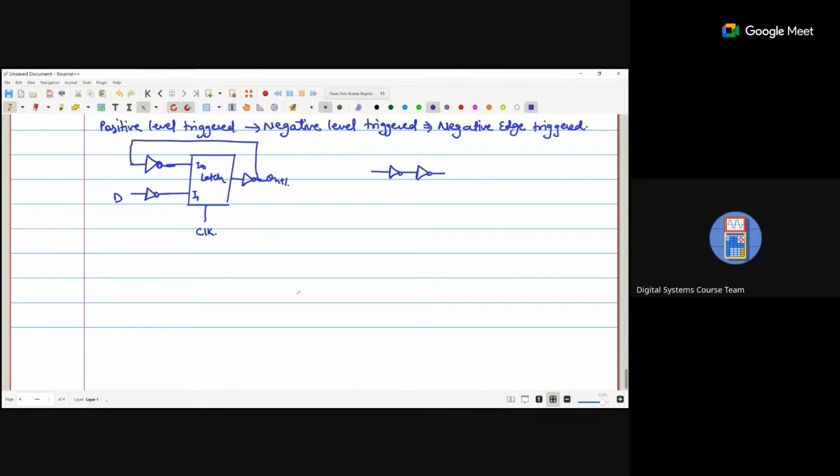And that NOT gate is basically used for the stability. So that is about the master slave.